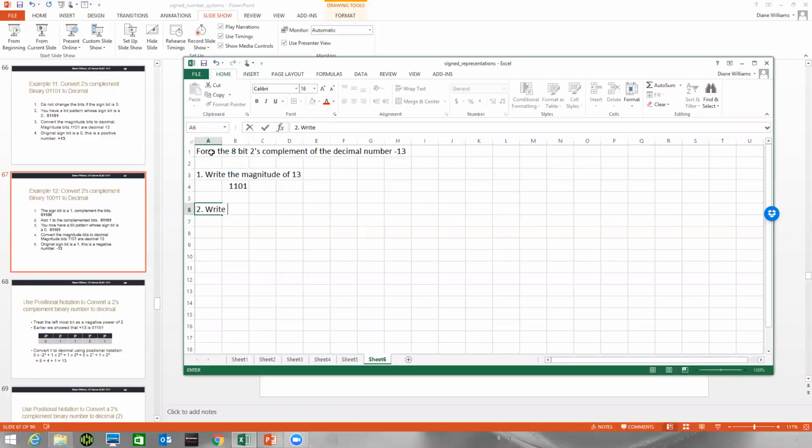Write 13 as a positive 8-bit number, right? We did that simply by adding 4 zeros to the left, right?